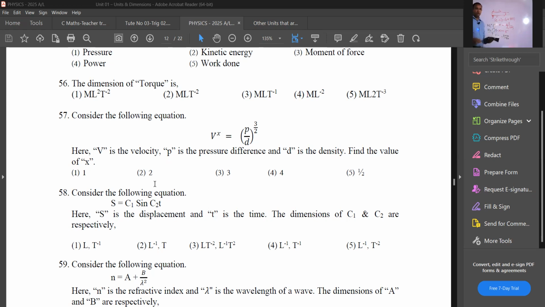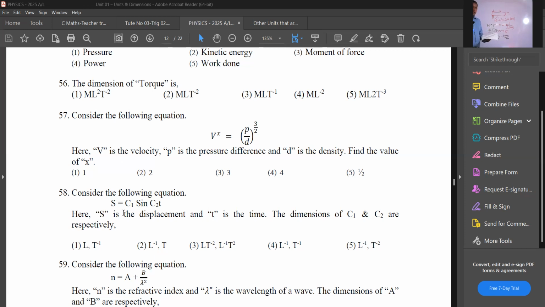Up to now, you haven't done mechanics. After you do mechanics, you will remember this. We are not given any equation in our exam. We have to remember all the equations. So the answer is answer number 1, ML squared T minus 2.